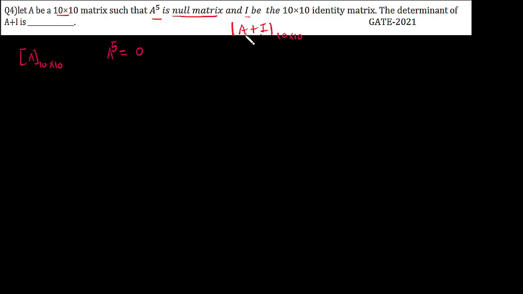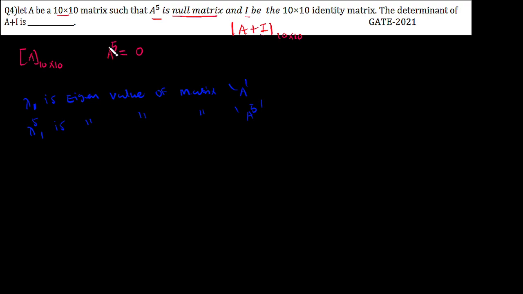Now first of all we need to find the matrix A. We don't know any entry in the matrix A, but we know the condition A to the 5 equal to the null matrix. But there is one important property for eigenvalues: if lambda 1 is an eigenvalue of matrix A, then lambda 1 to the 5 power is an eigenvalue of matrix A to the 5.